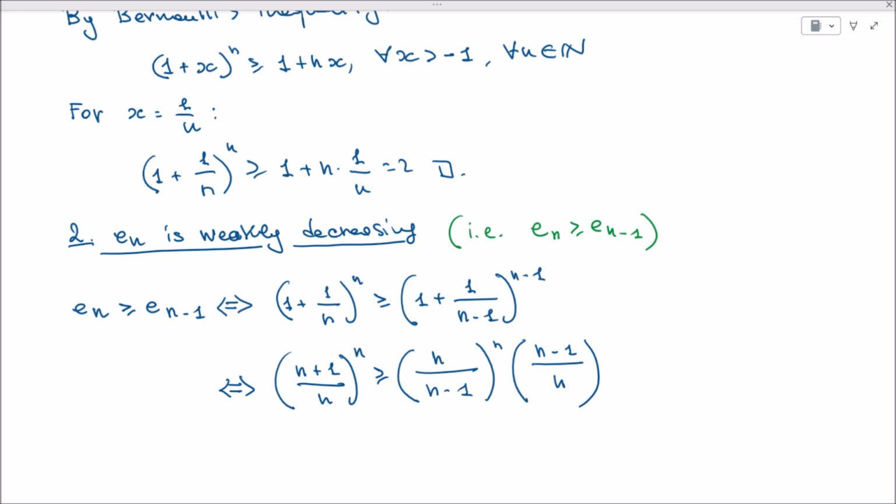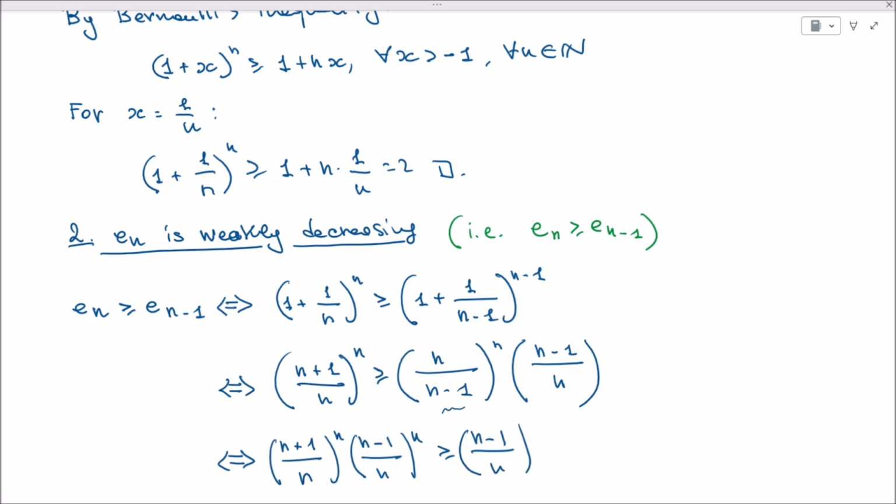And now we can do something. We can say that this is true if and only if we bring this element to the left hand side, because we have two powers with the same exponent. We can rewrite this as (n plus 1 over n) all raised to the n times (n minus 1 divided by n) all raised to the n, larger than or equal to n minus 1 divided by n.